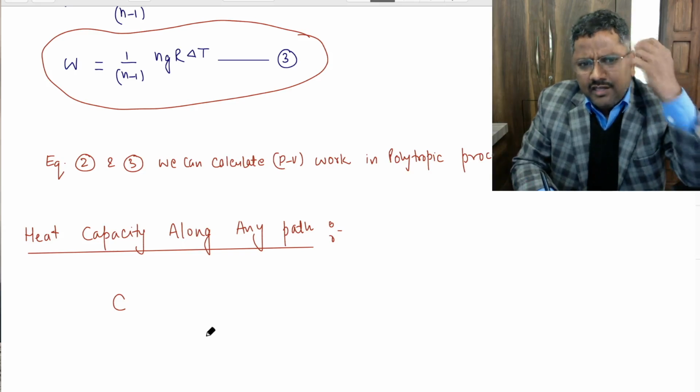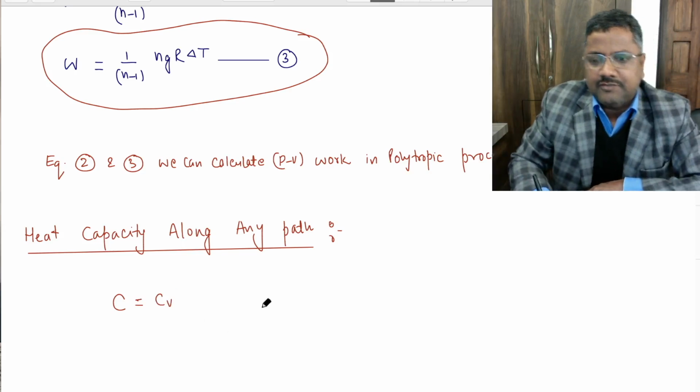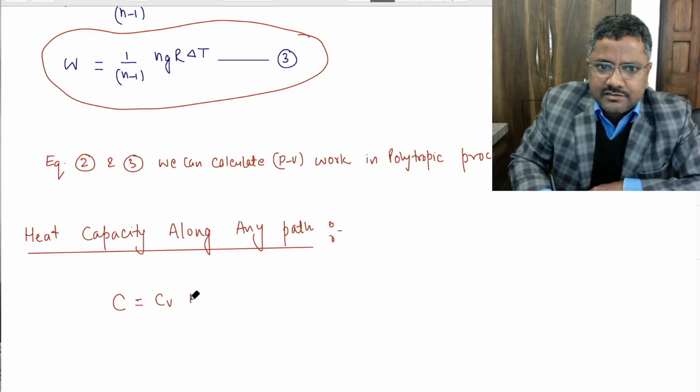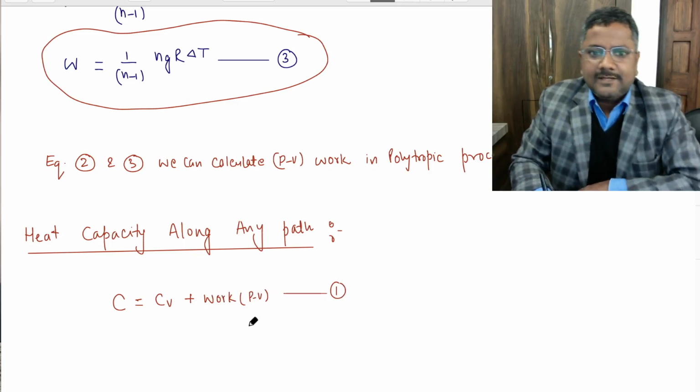So along any path, C is equal to Cv plus work. Which work? This PV work. Directly you can do this, right?